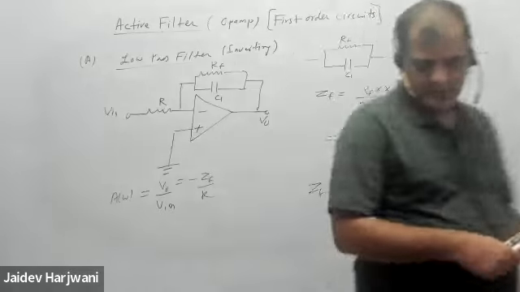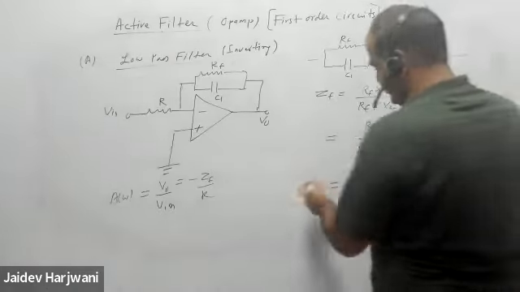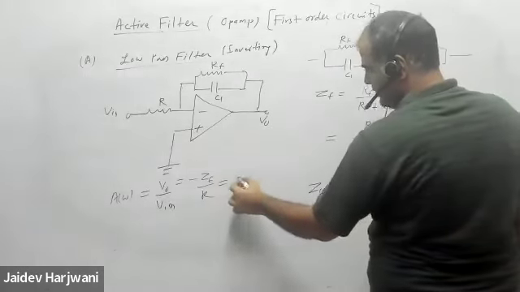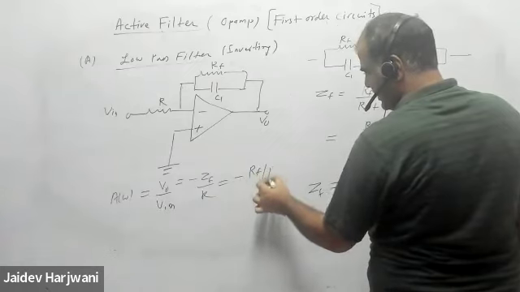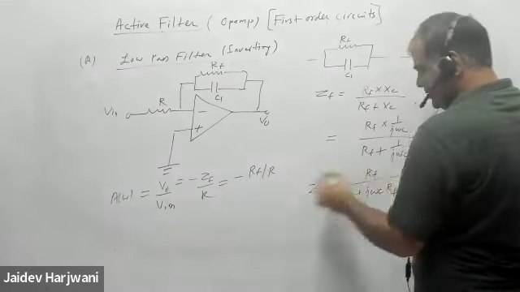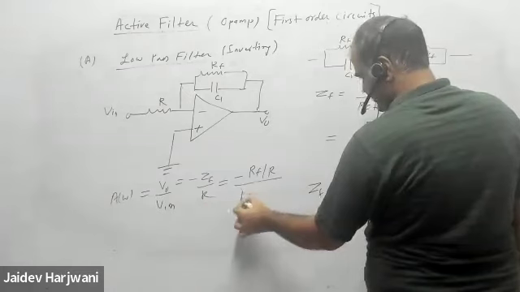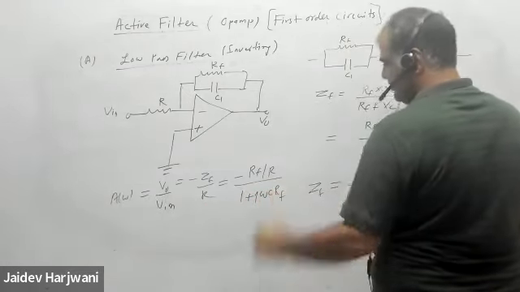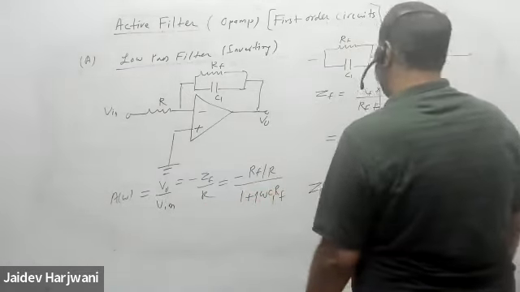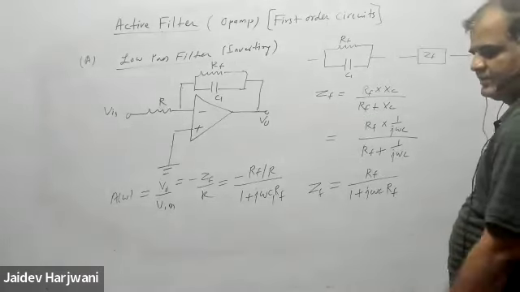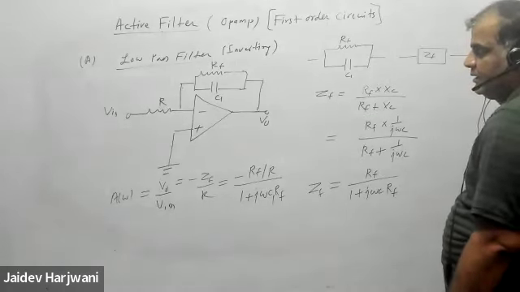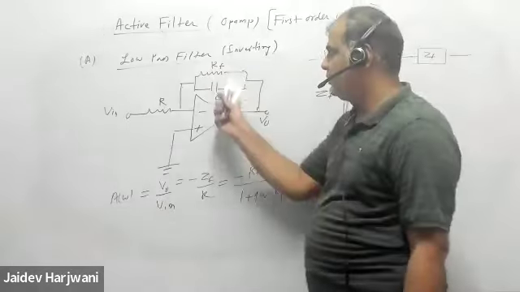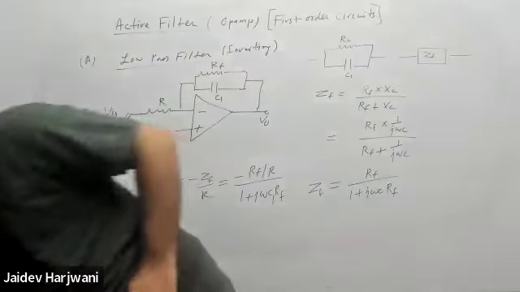If you put the value of ZF here, this will become minus RF by R upon 1 plus j omega C1 RF. So always consider the capacitor which is connected to the resistance.